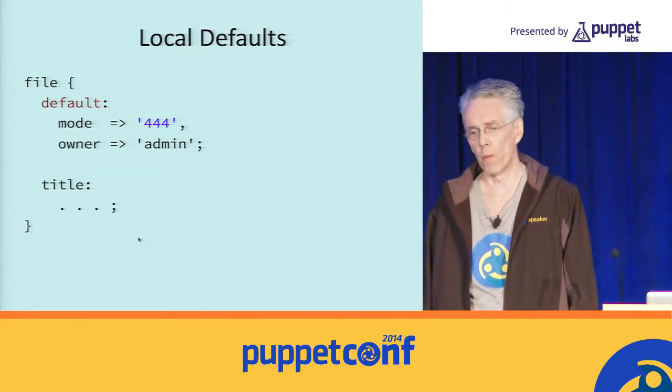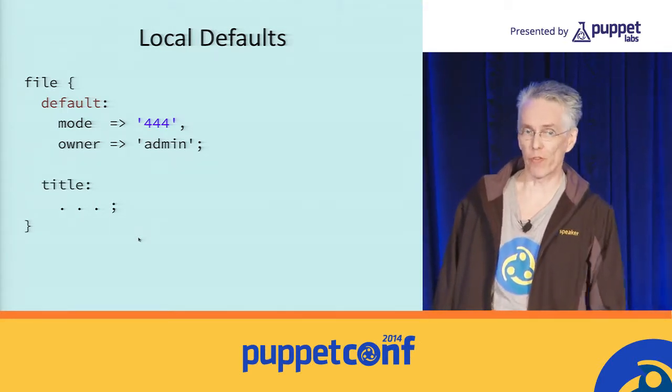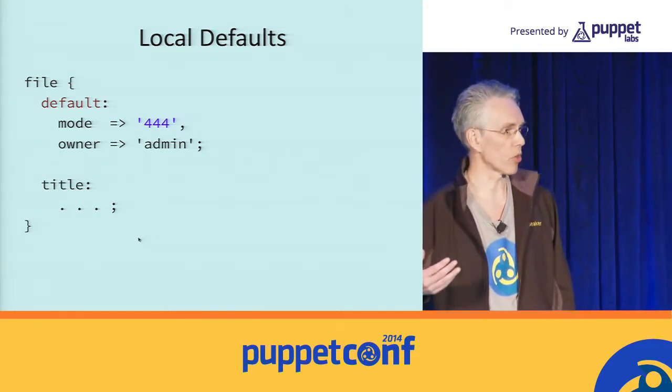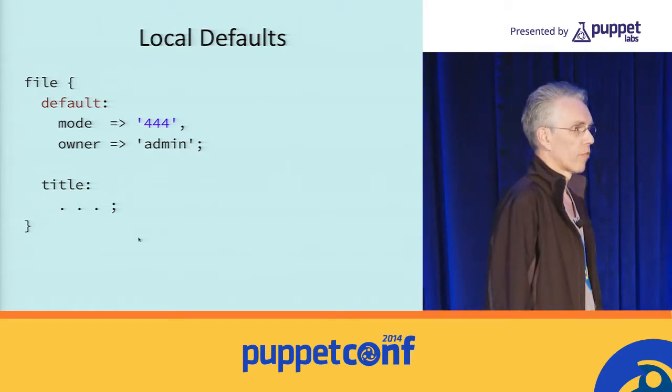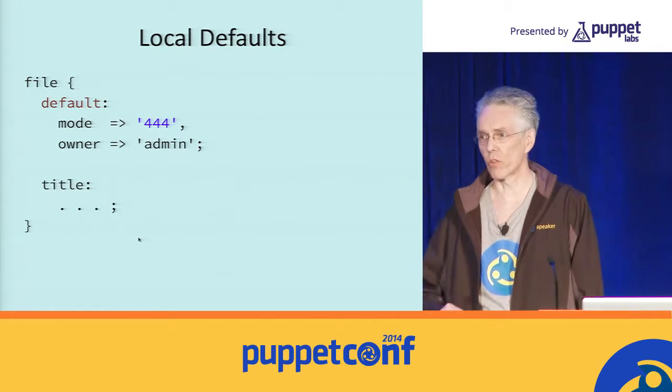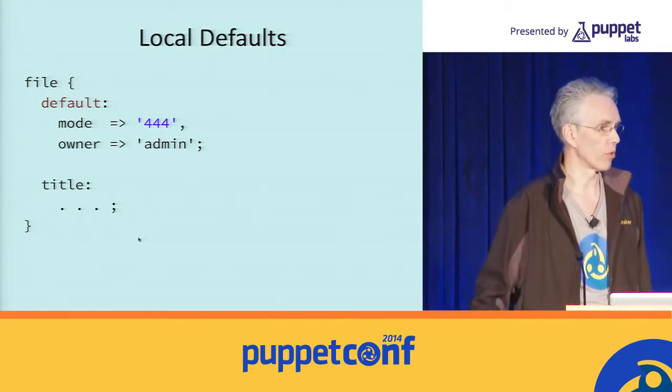And this is of value because we have another resource default mechanism that allows people to set what the defaults should be per type. Unfortunately, they have dynamic scoping, and they can affect resources far away out in other modules.